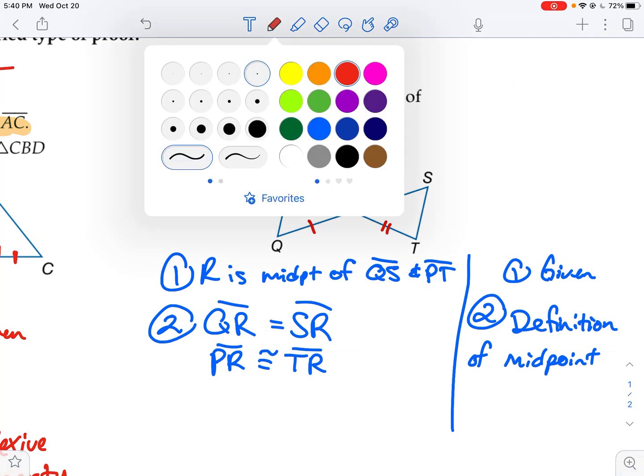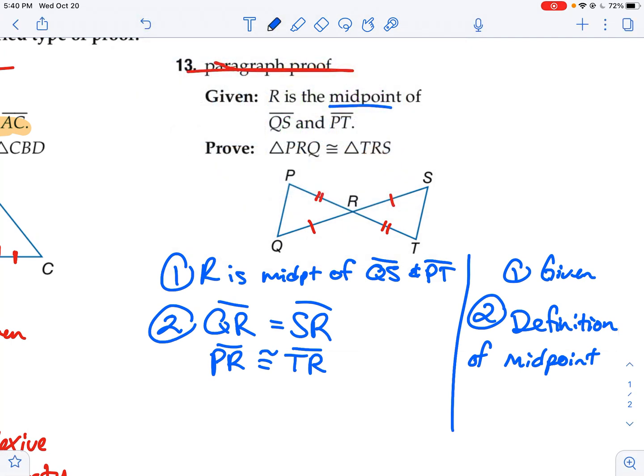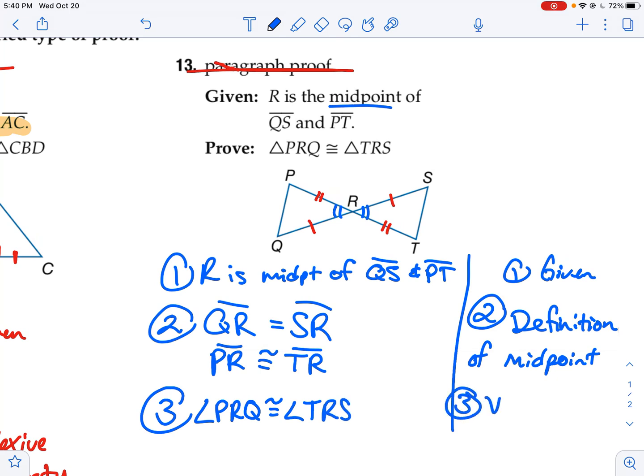So let's see, what else can I get that is congruent? I don't have any parallel lines. I don't have any other sides marked congruent, but I do have in the middle some angles here. And I can say that angle PRQ is congruent to angle TRS because those are vertical. And let's check again what we have.